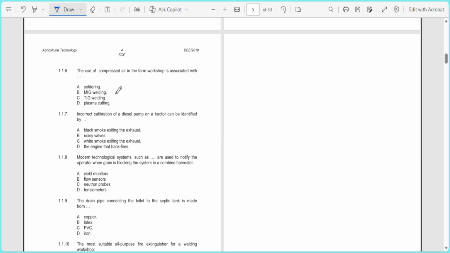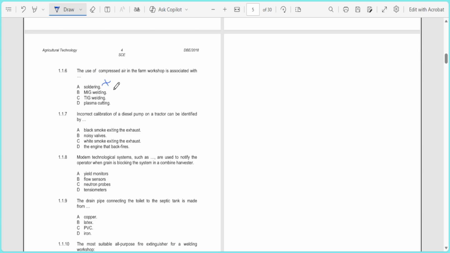Let's start with A, soldering. For starters, soldering does not require compressed air, so this is out. What about MIG welding? Yes, this one uses shielding gas, something like an argon and carbon dioxide mix.